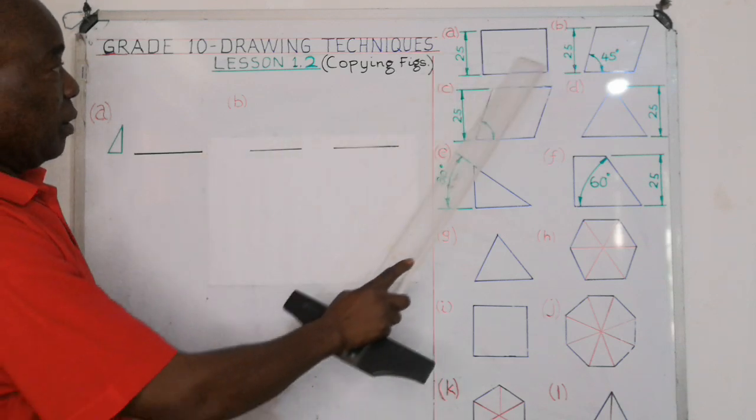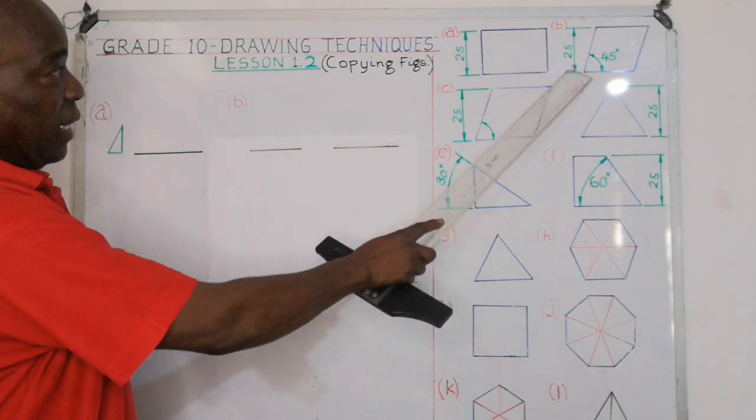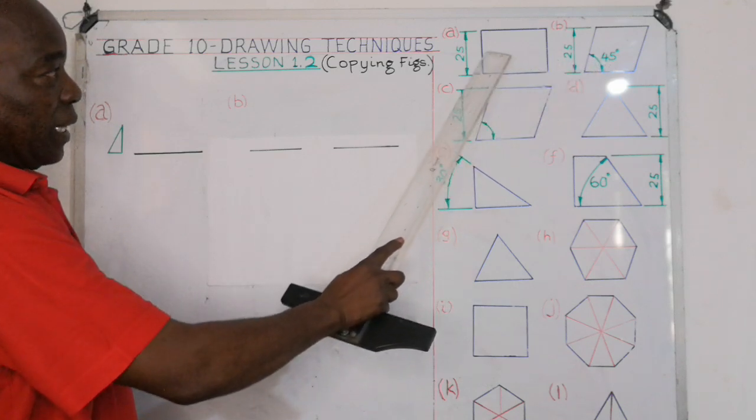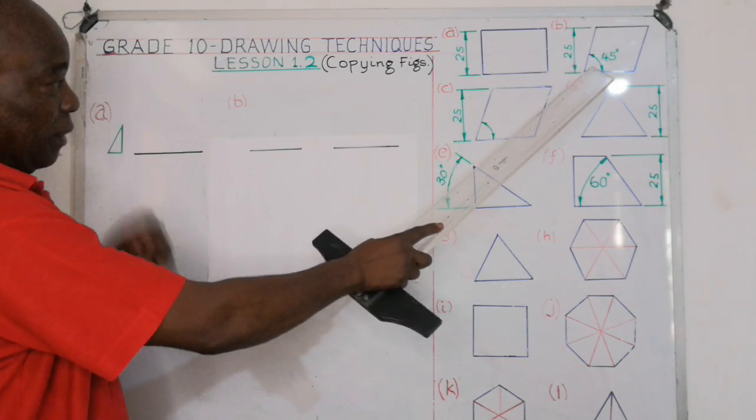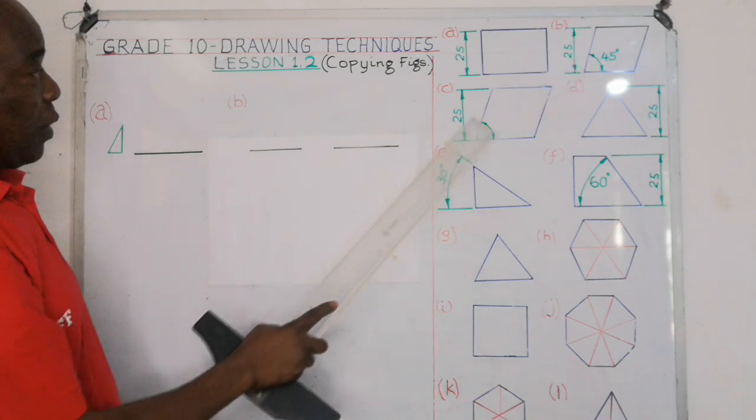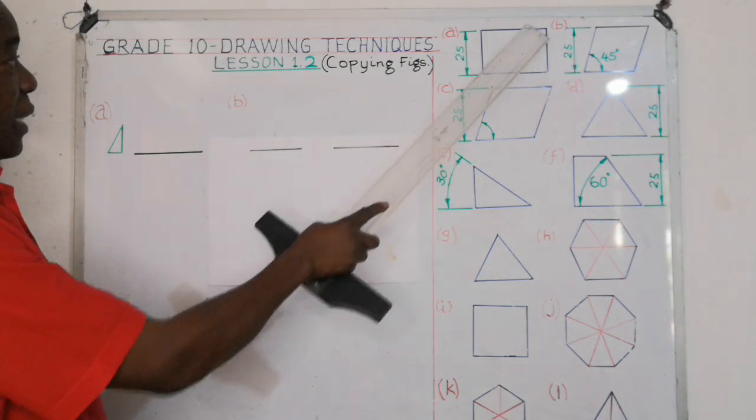And also for B, we're given the same height, 25, but this side now is inclined at an angle of 45 degrees.